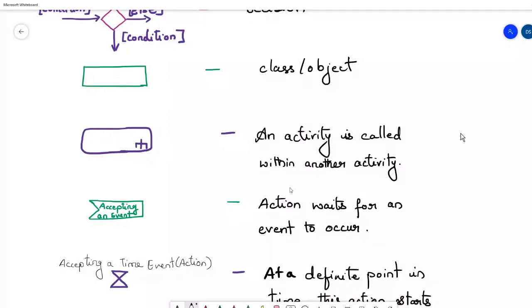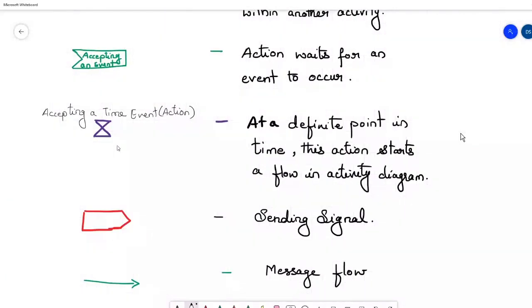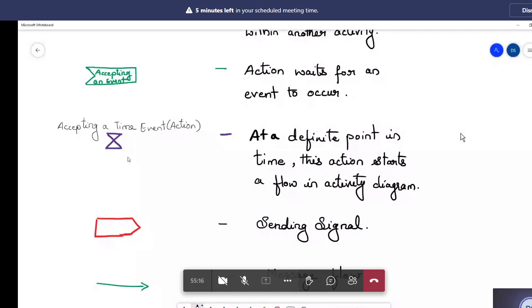Okay, if we are waiting for an event to be accepted, so the action waits for an event to occur, at that particular situation this symbol is used. Our clock symbol is used to define a point in time.